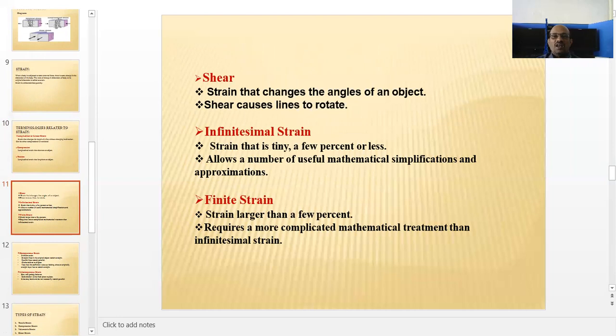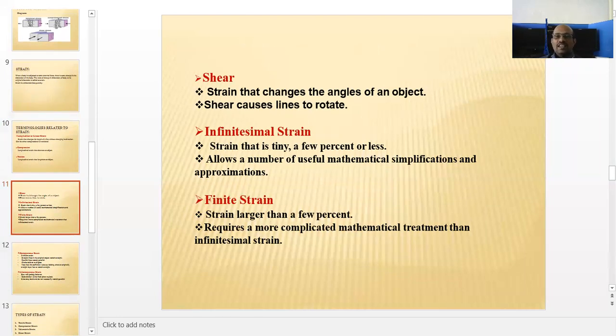Shear causes the lines to rotate. Whenever it is rotating, shear strain will occur. But again it is the change in the length to the original length, the change in the width to the original width, the change in the dimensions to the original dimension.